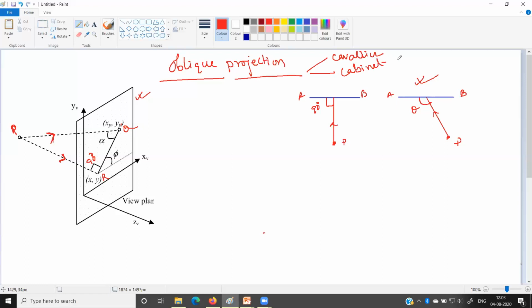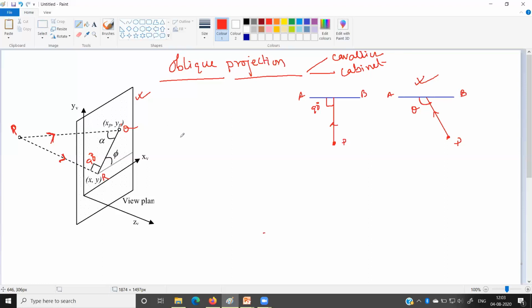Now, first we are discussing the Cavalier projection. In case of Cavalier projection, this angle alpha is treated as 45 degrees, but in case of cabinet projection, this angle alpha will be something else.